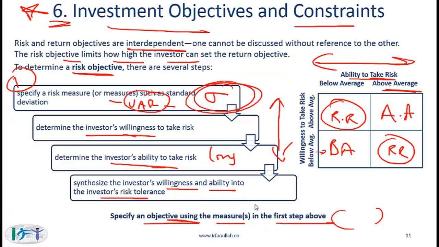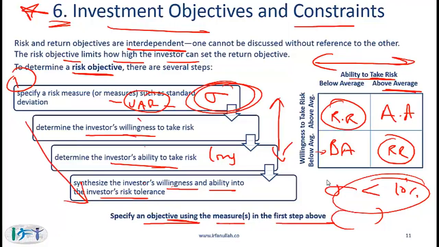Then at the end, you have to say that, okay, the standard deviation should be less than 10%, less than a certain number. So where is this 10% coming from? It's coming from this whole analysis. If you've arrived at the fact that the risk tolerance is below average, then that would mean having a small number. If the risk tolerance is above average, then you might have a much larger number over here.